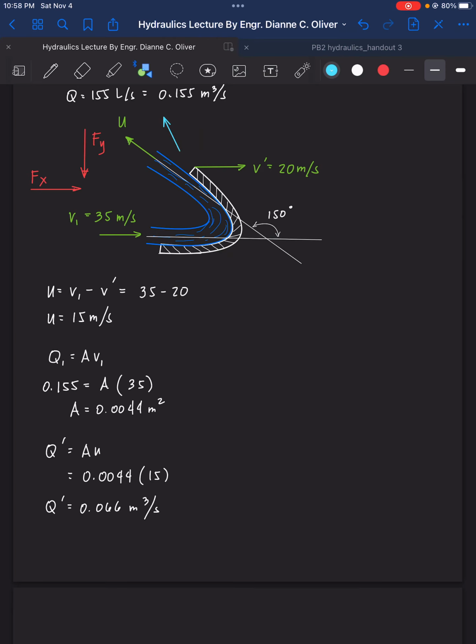If we assume that V2 is like this, let's see if the assumption is correct. u, this is V prime, and this is the inclination of V2, which is greater than u. So there. Let's see.